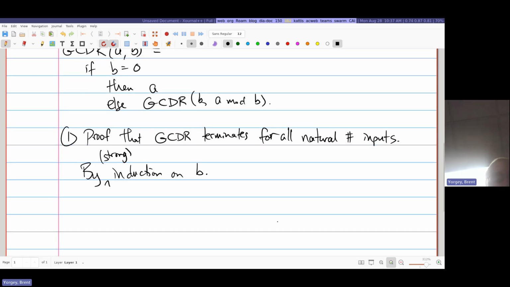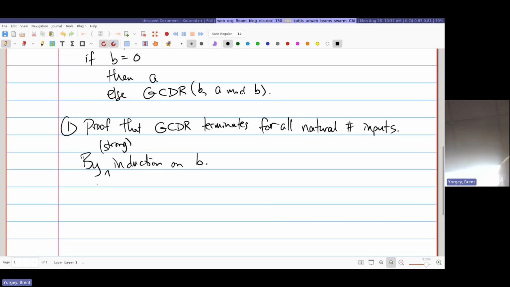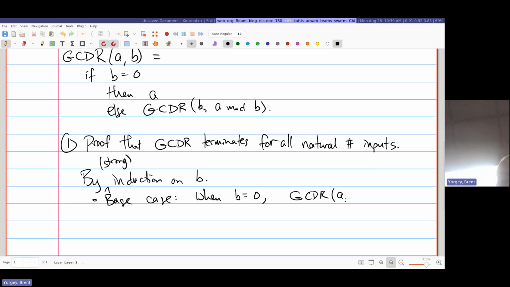So by induction on B, our base case: when B equals 0, well, GCDR, by definition, GCDR of A, 0 equals A. So it just immediately stops and we're done.